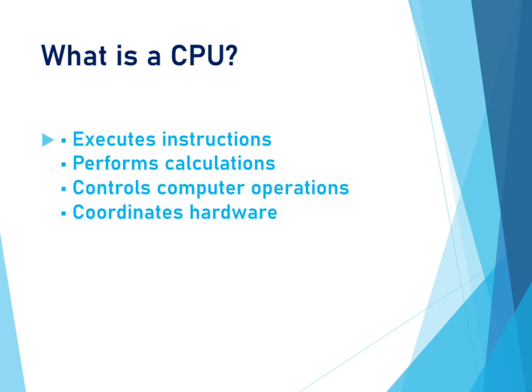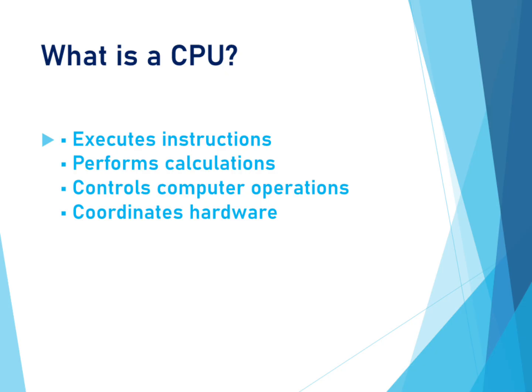CPU stands for Central Processing Unit. It is the most important component of a computer because it performs almost every task. Whenever you open an application, type on the keyboard, browse the internet, watch videos, play games, or even move the mouse, the CPU is continuously processing instructions.